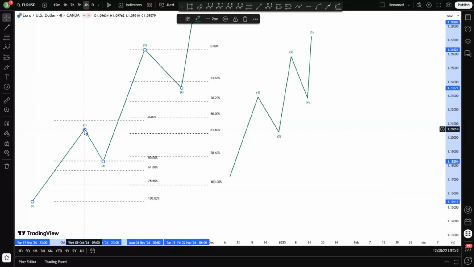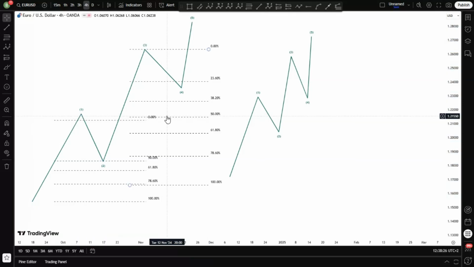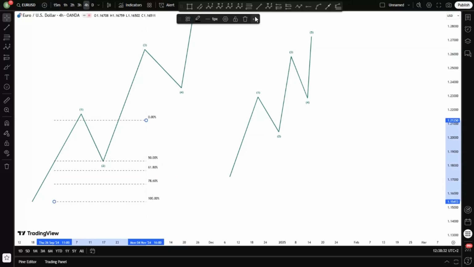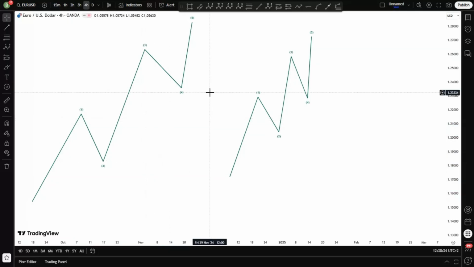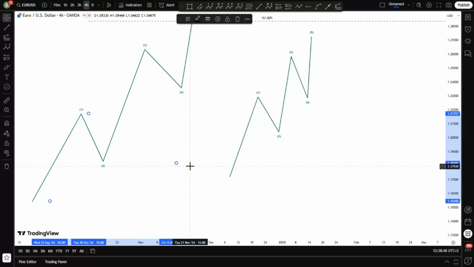So right now, let's get into anticipating wave 3 and the end of wave 5. When we use our Fibonacci extension tool, we measure from the start of wave 1 to the end of wave 1 down to the end of wave 2.